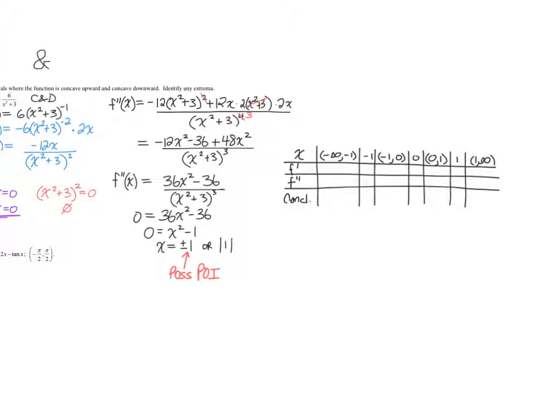Anyway, the good news is, if I look at my first derivative, I can get all my signs in one shot, right? Second derivative, we need a little bit more effort, but the denominator has to be positive all the time, right? Because it's a quantity squared, so it's irrelevant.